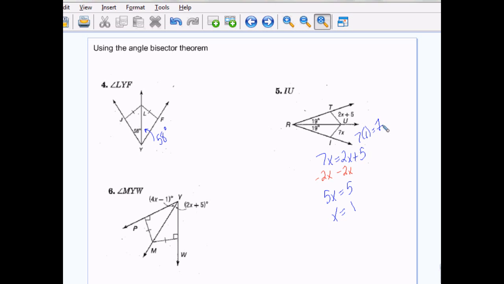Number 6, we have these two lengths are the same. That tells me these two angles are the same, so I set those equal to each other. 4x minus 1 is equal to 2x plus 5. Subtract 2x from both sides. 2x minus 1 is equal to 5.